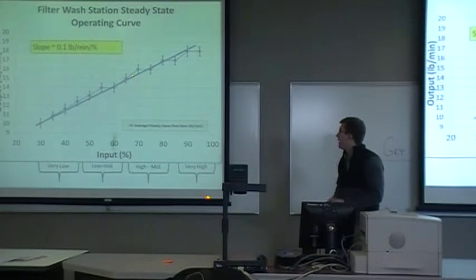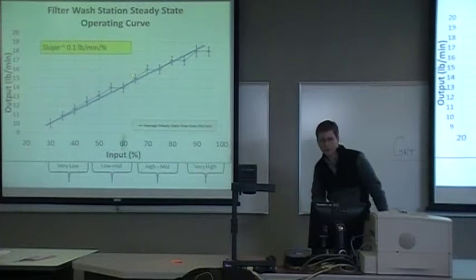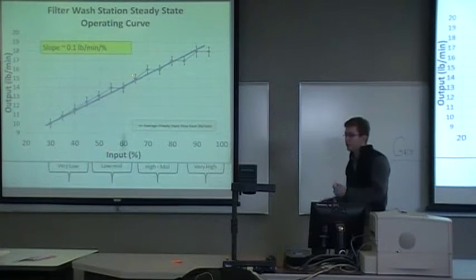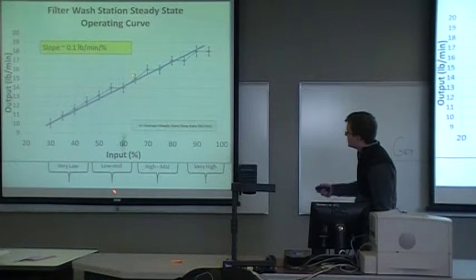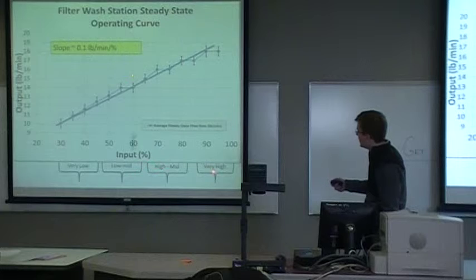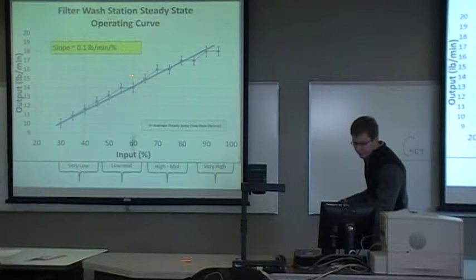It's about 0.1 pounds per minute per input percentage. And that actually corresponds to our system gain. And also at the bottom, this is how we divided up the areas into very low, low mid, high mid, and very high for when we did step response.